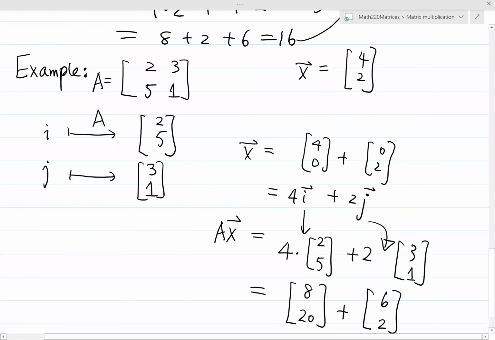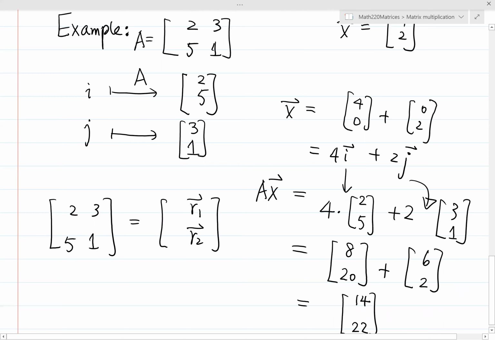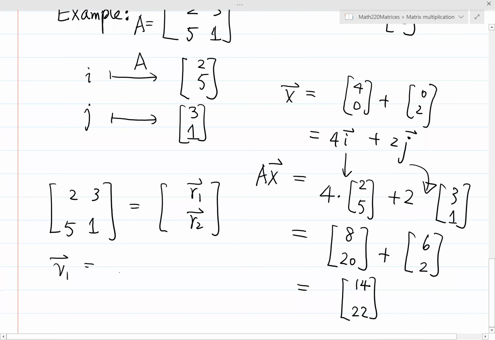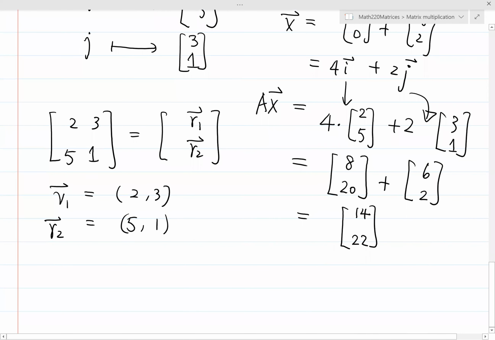Now by using the row picture, if you write A, 2, 3, 5, 1, as vector row 1, vector row 2, you see row 1 is 2, 3, row 2 is 5, 1. Now A multiplied by X, then we get 2 rows 1 column.